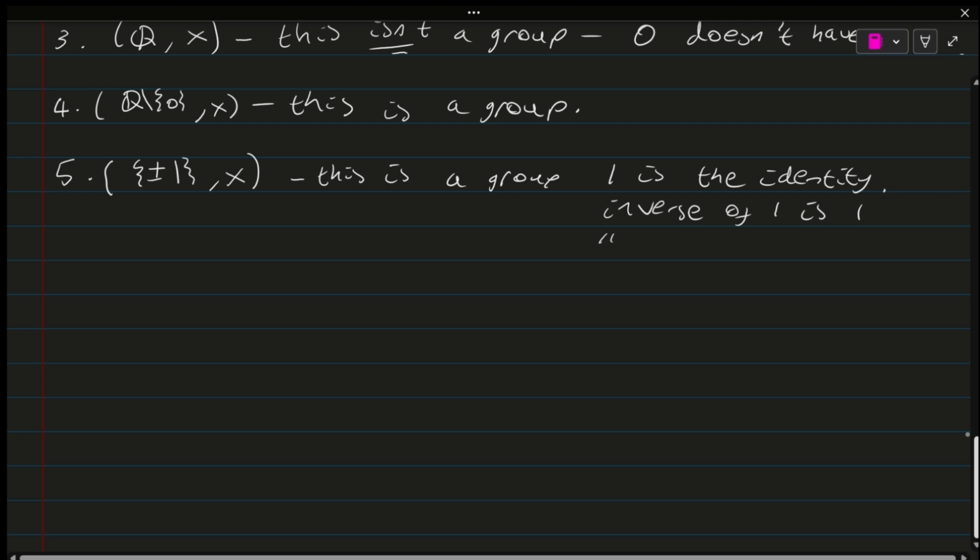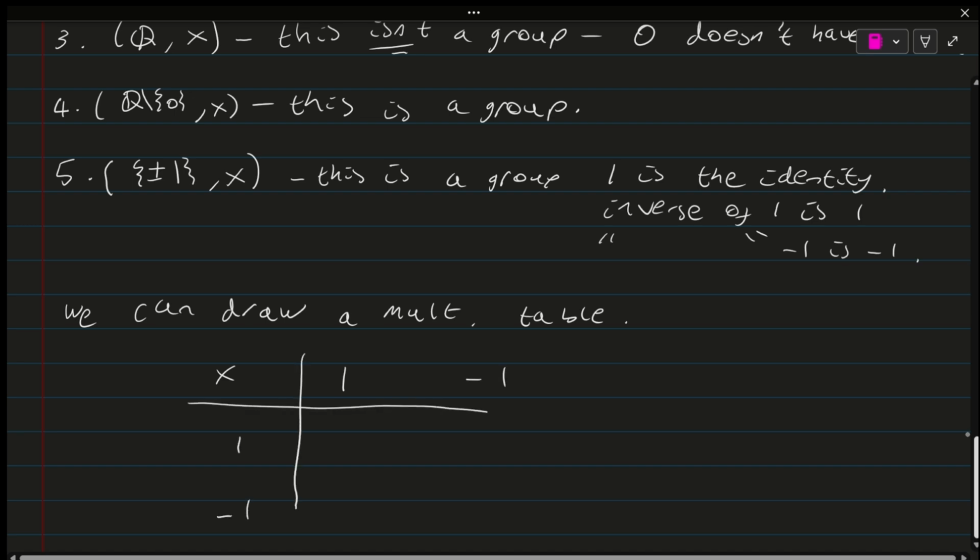And the inverse of minus 1 is minus 1. And we can draw a multiplication table for this. Just like this, we take the multiplication there, we put 1 here, minus 1 here, 1 here, minus 1 here. And we can just write in all of the multiplication results, just like this.